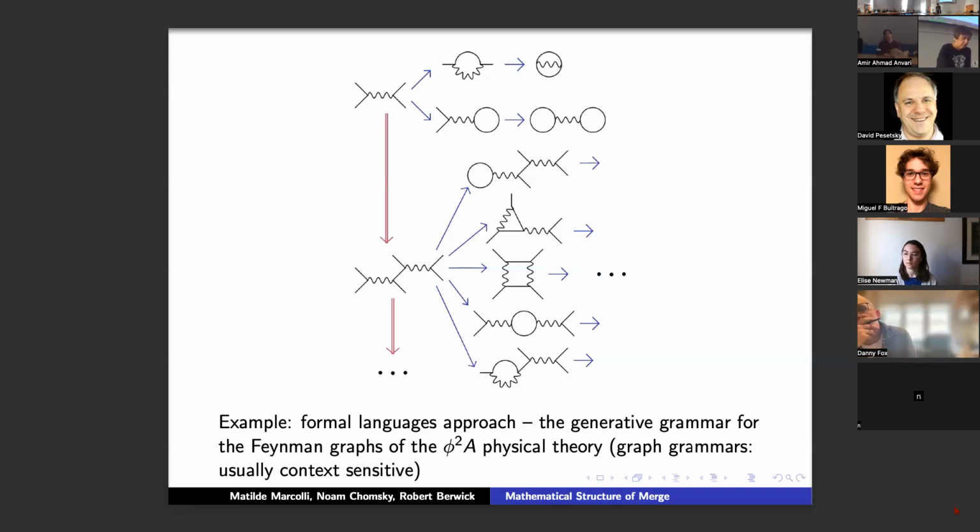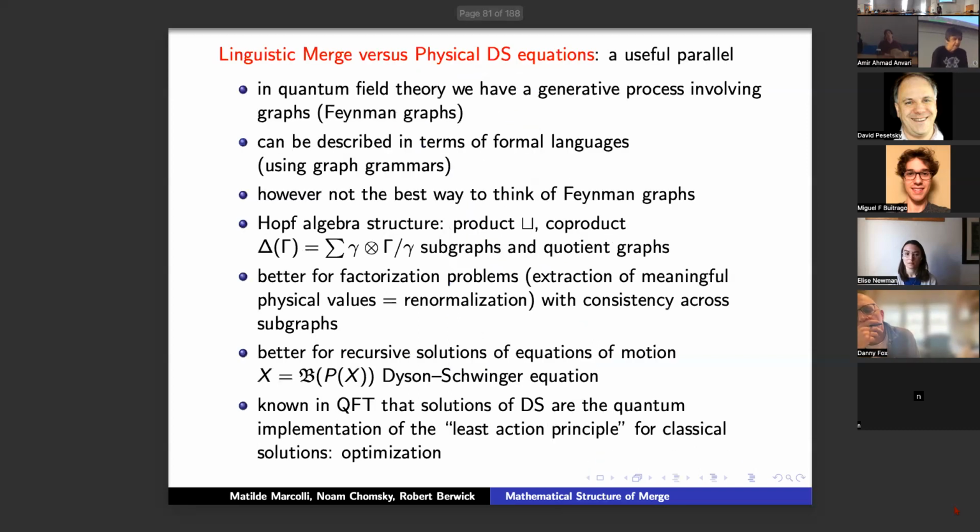And so physicists long ago came up with the fact that there is a better way of describing this generative process of Feynman graphs, which is not formal languages, but algebras. And in particular, you can do exactly what we've been discussing.